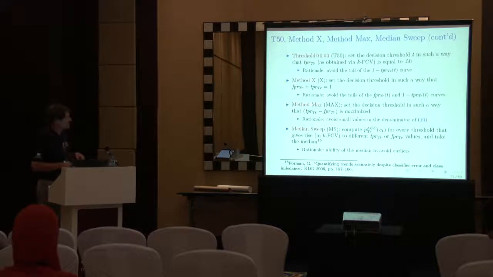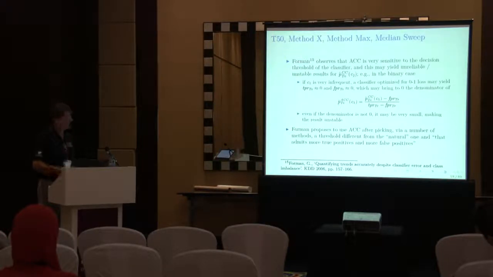One method suggests setting the decision threshold in such a way that the false positive rate plus the true positive rate is 1. Or another method in which he says we try to maximize this difference, so that we maximize the denominator. Fine.